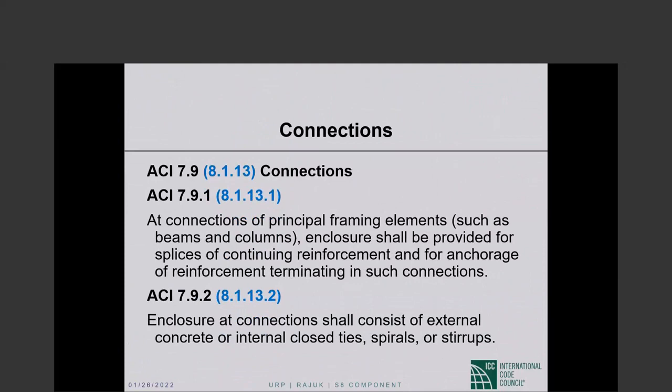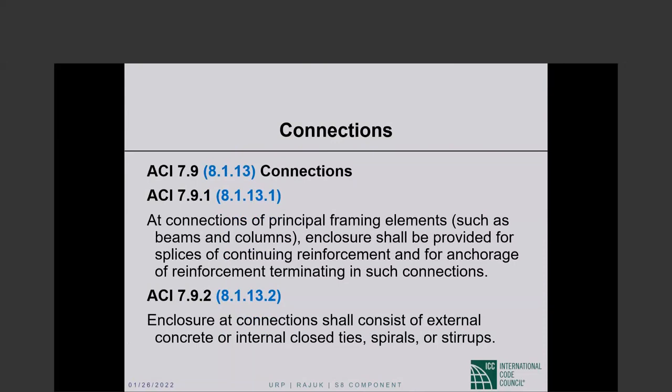Connections. At connections of principal framing elements, such as beams and columns, enclosures shall be provided for splices of continuing reinforcement and for anchorage of reinforcement terminating at such connections.